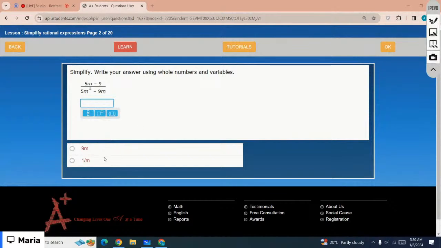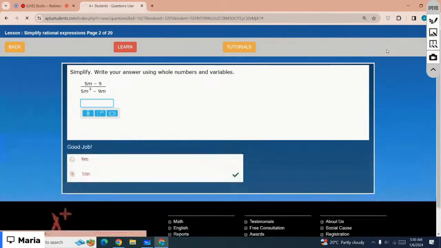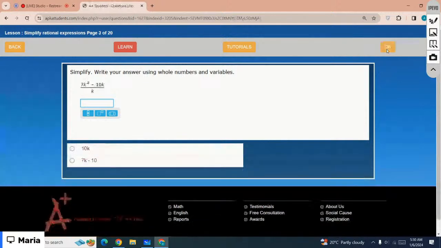For the next one, you have to solve the question and write the answer in the chat box. Got it? Use your notebook and pencil, solve the question and write the answers in the chat box. Simplify, write your answer using whole numbers and variables. So which is the correct option? Just solve the question like we did.